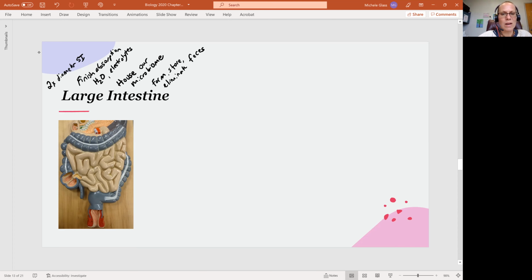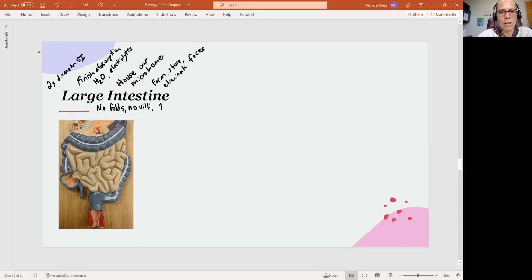When we do talk about the structure of the large intestine, we've already said it's 2 times the diameter of the small intestine. We'll see that there's no folding here. So there's no plicae circulares, there's no villi, there's no microvilli. This is very smooth.